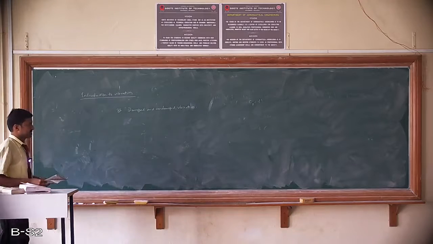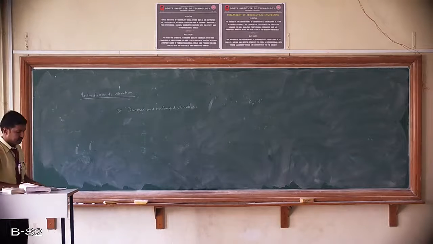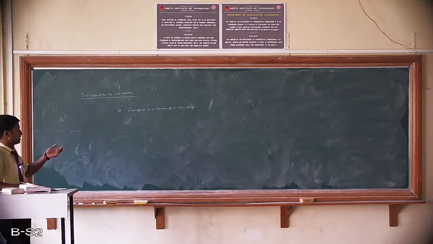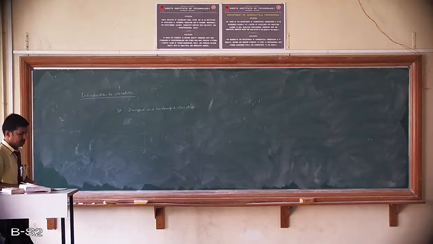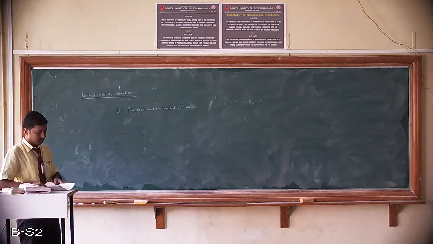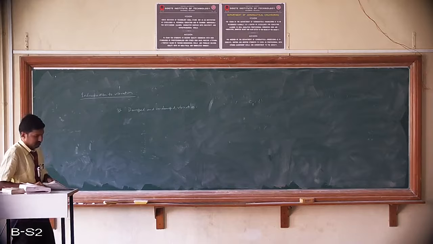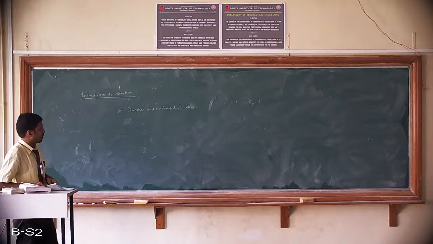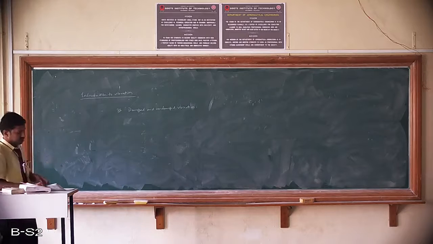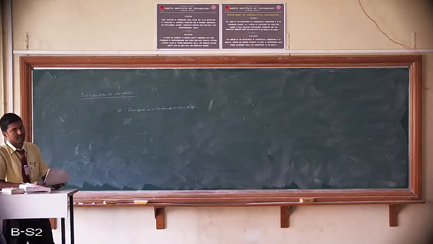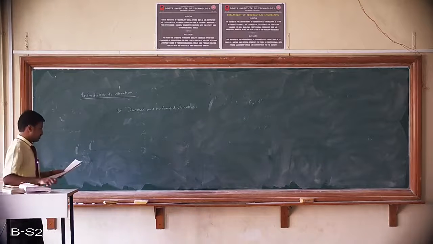If the vibratory system has a damper, then the motion of the system will be opposed by it. Once again, if the vibratory system has a damper as one of its components, then the motion of the system will be opposed by it and the energy of the system will be dissipated in friction. This type of vibration is called damped vibration. The system having no damper is called undamped vibration.